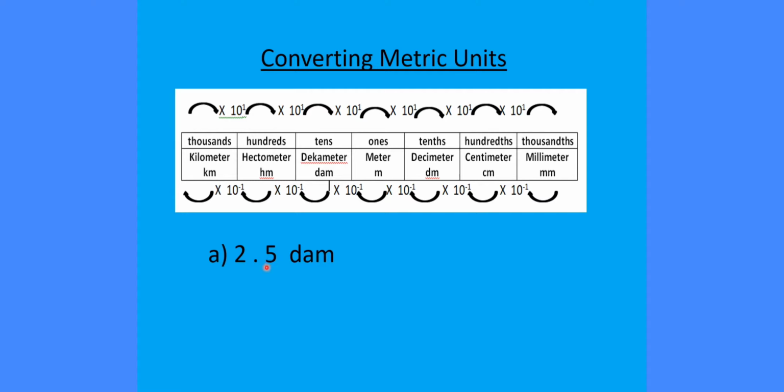Since we are multiplying by 10, we will move the decimal point a single place to the right. So 2.5 decameters is equivalent to 25 meters. The decimal point is now right here, and since this is already a whole number, we no longer indicate the decimal point. It becomes imaginary. So we have the same answer as in the previous solution.